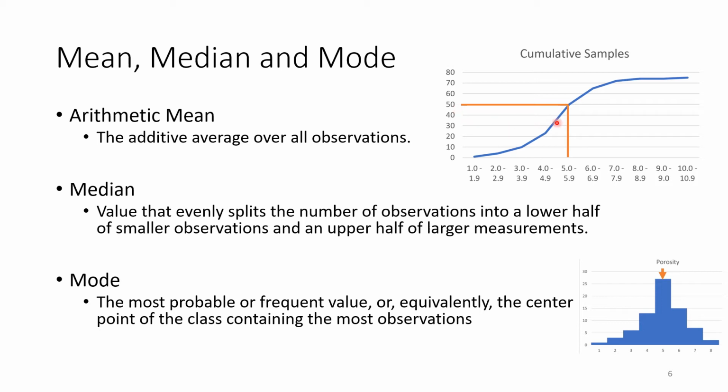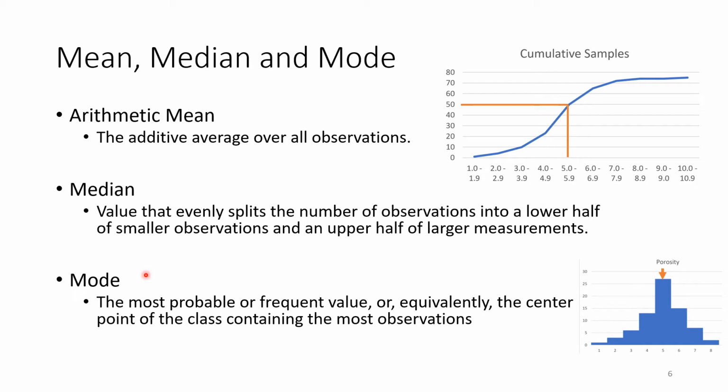So this would be somewhere here, my median value, because half of the samples are lower than this value, which would be here probably around 5.0. Half of the samples will be lower, half of the samples will have a higher value than this one.